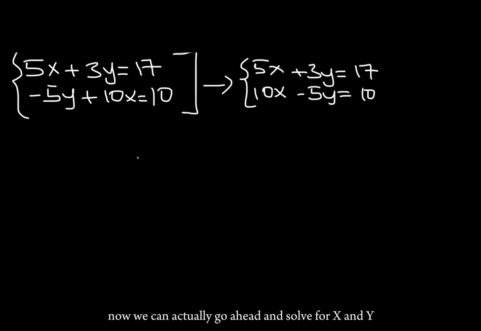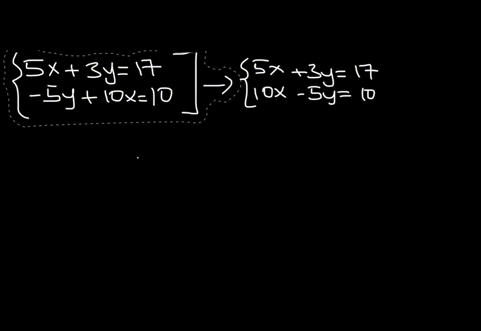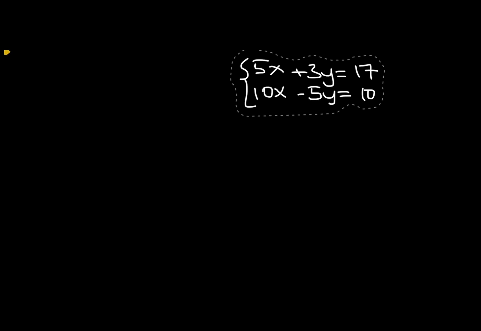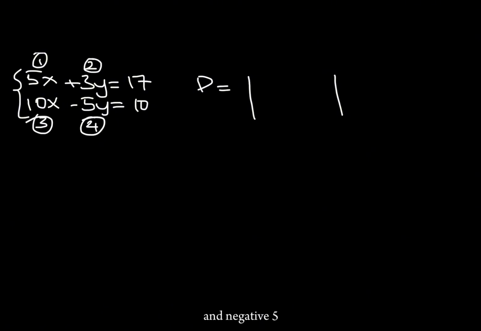Now we can actually go ahead and solve for x and y. We don't need this anymore. The first matrix is D, and it consists of these values: 5, 3, 10, and -5.